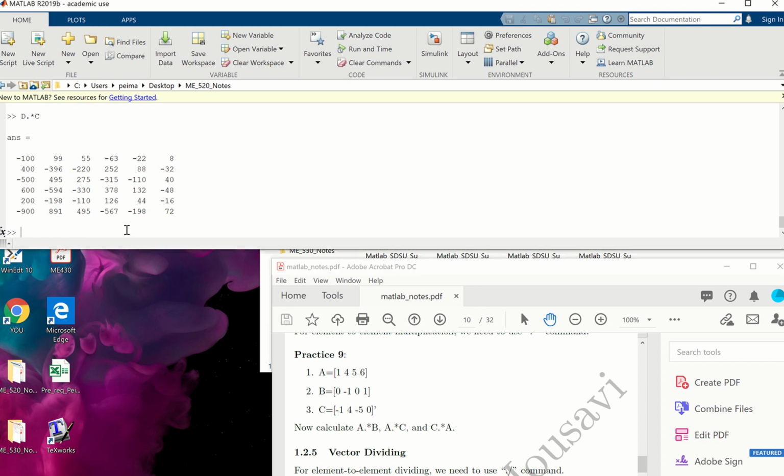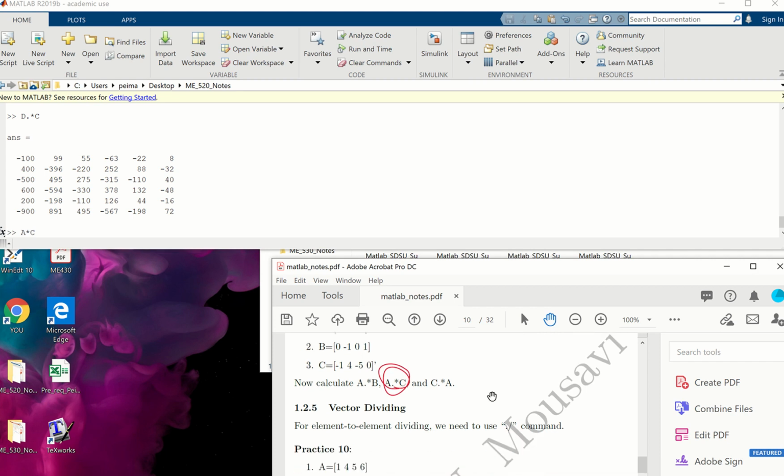So when you're doing it at home, calculate A just as this, for practice number 9, and see what's the difference between these commands. Understand? So now we are done.